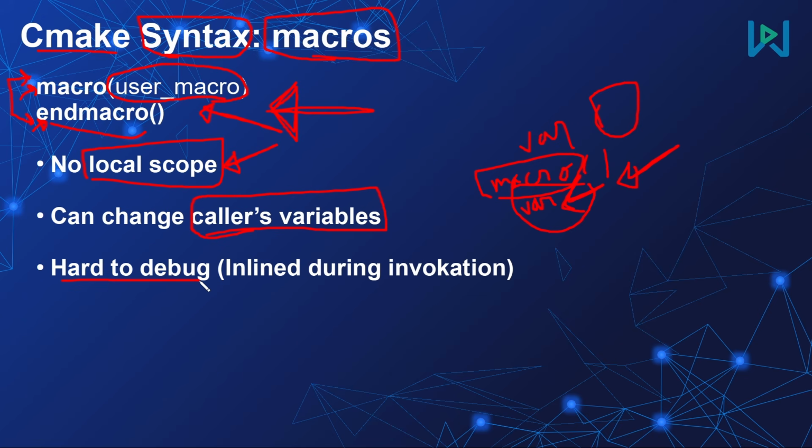It's quite hard to debug macros. After CMake gets processed, if we try to inspect the internal assembly coming out of our CMake code, we'll see that all the macros will be inlined.